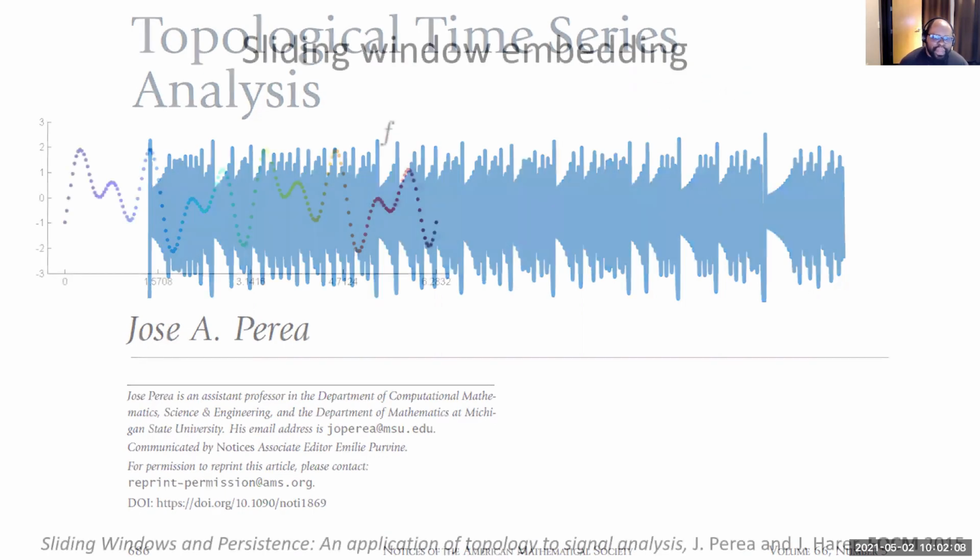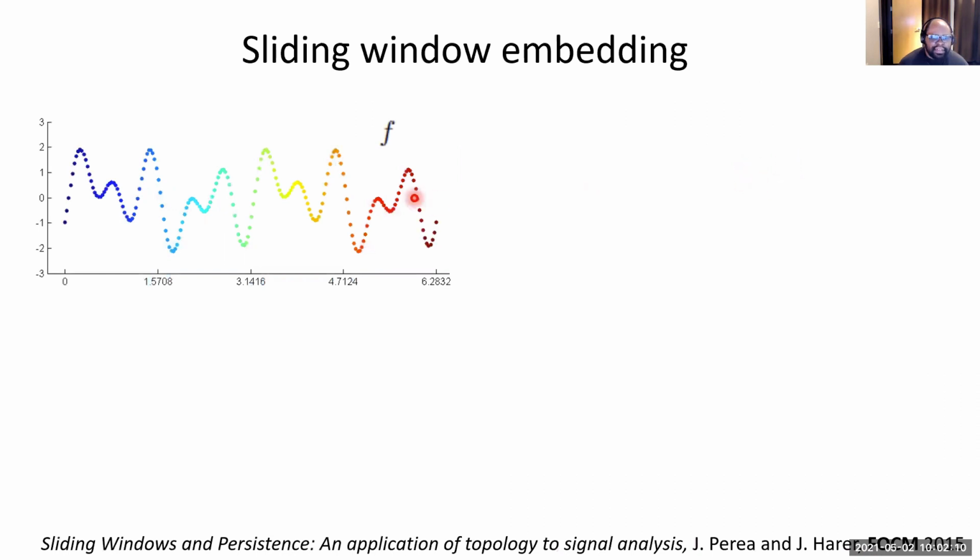So the typical technique we use in topological time series analysis is the sliding window embedding, or the time delay embedding. The way it works is you start with your time series, let's say given by a function f. In this picture, it is valued in the real numbers, but it can have values in any metric space.